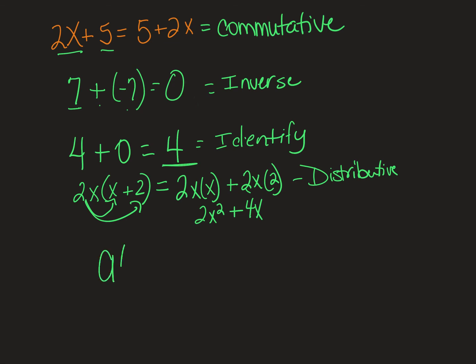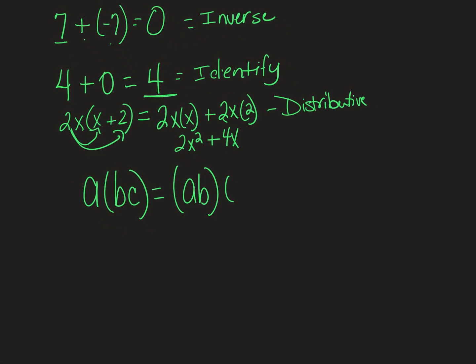That's saying if you have A times B times C, you can get the same answer by regrouping, multiplying A times B, then times C. A number example for that would be, let's say you have 4 times the quantity 3 times 2, and then you go over here and you change it and you have the quantity 4 times 3, times 2.